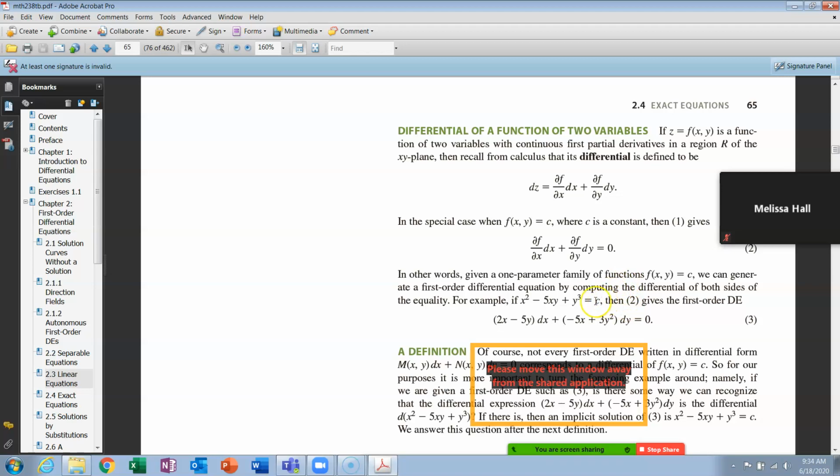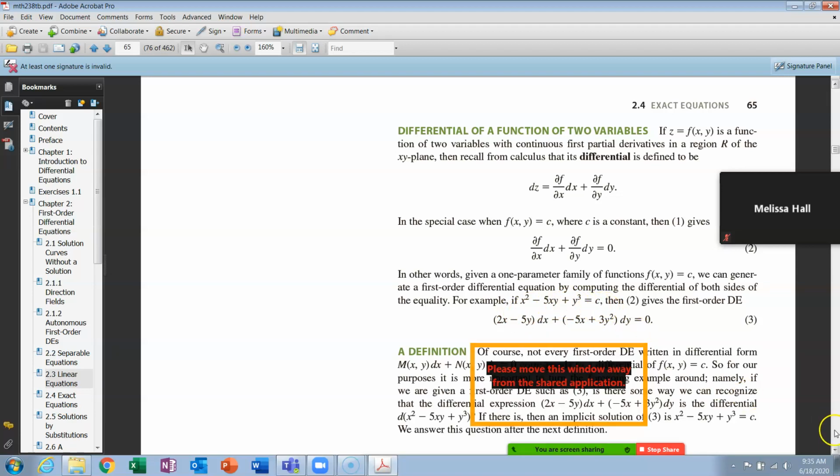And because this is a constant, the derivative of a constant is 0. Okay, so now we've created a differential equation that you basically already know the solution to. Well, that's not quite the solution, but your f of x y is equal to some constant. See, this thing right here is equal to a constant.